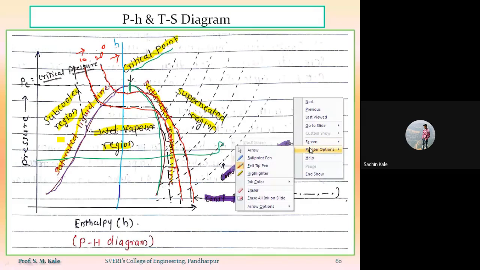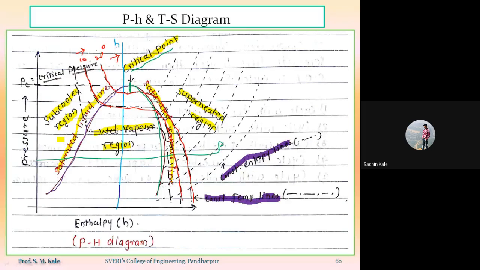Let me change the color. Whatever such types of lines are there, this is the nature of constant entropy on the pH diagram. Are you getting? Those are called the constant entropy lines. So this is related to the various lines in the pH diagram.